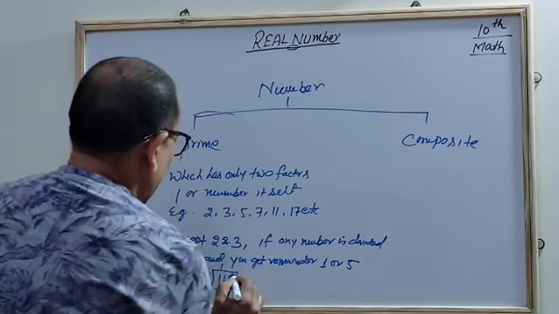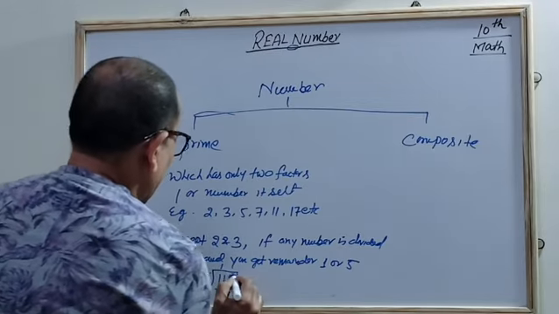What is a composite number? Rule number 1: any number ending with 2, 4, 6, 8 and 0 will be a composite number. Rule number 2: any number ending with 5 will always be a composite number.